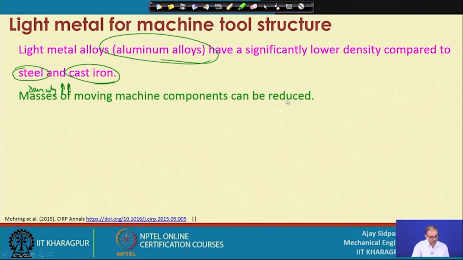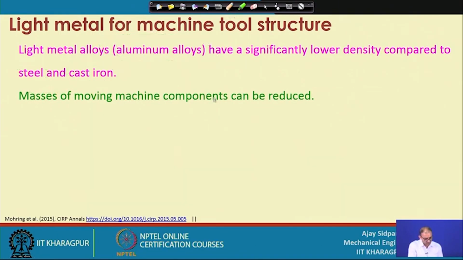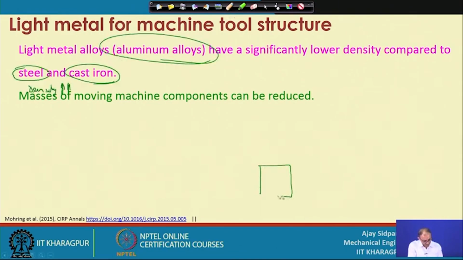Masses of the moving machine components can be reduced, and this is very important, because suppose you have one component here, this is the component and this is the slide on which it is mounted. And you want to do some small scale micro machining here. So, this is the area of micro machining, right.